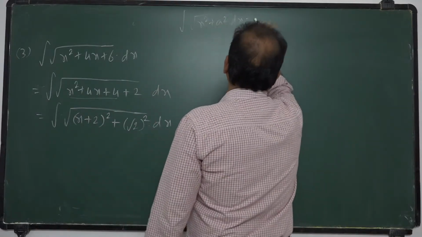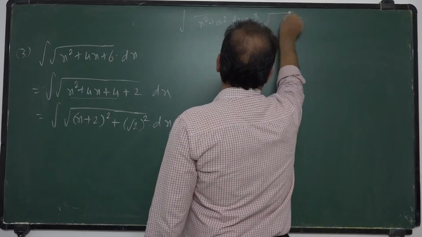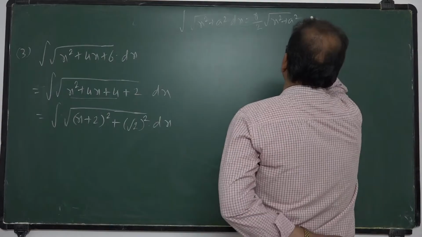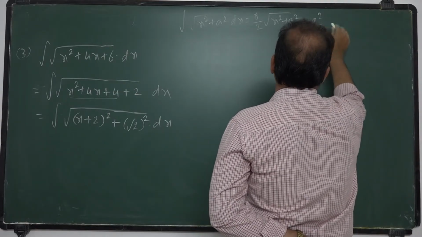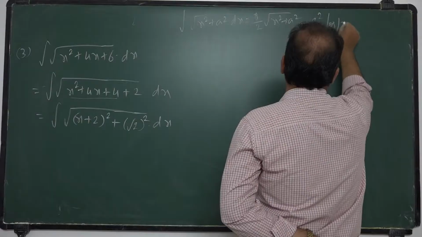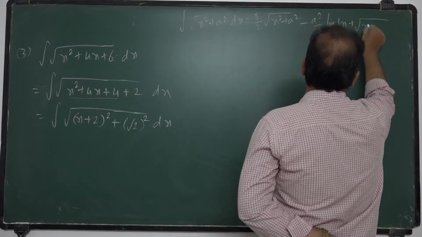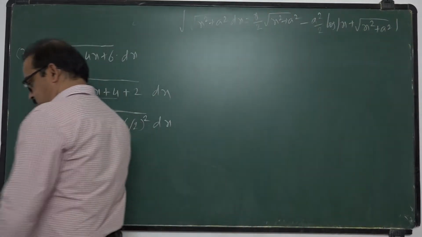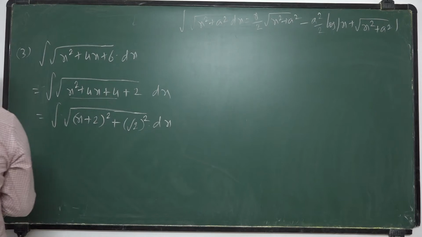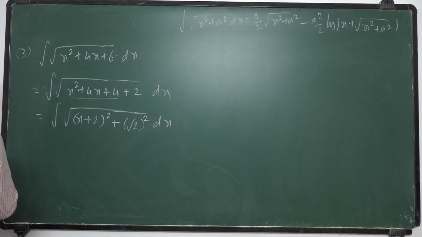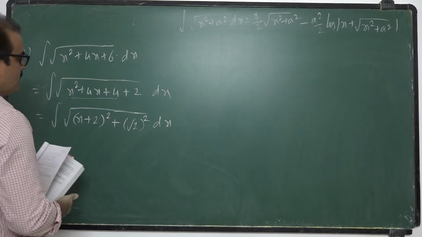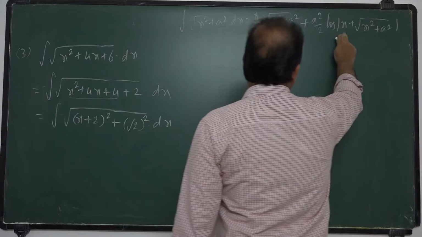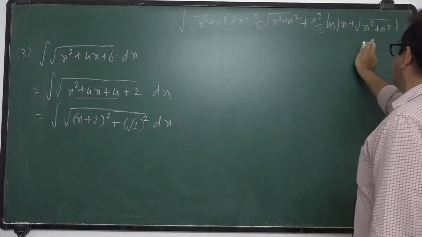What is the formula of this? x by 2 into root x square plus a square plus a square by 2 into log mod x plus root of x square plus a square.